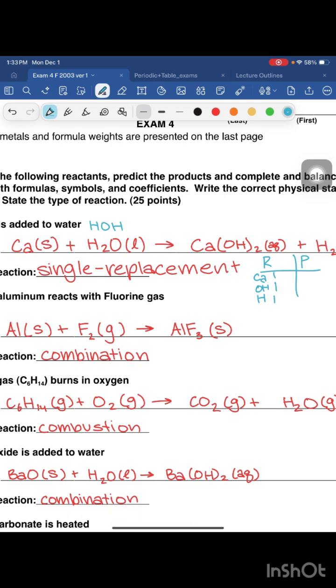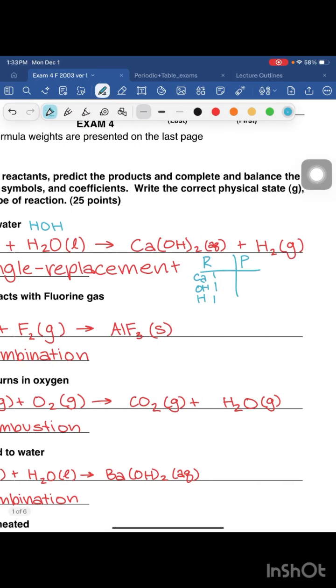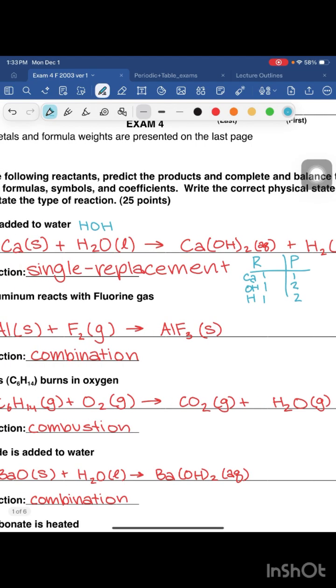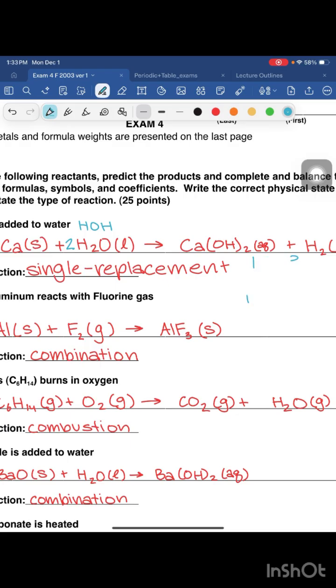And H, so we have a calcium, 1 hydroxide, and 1 H. And on this side, we have 1 calcium, 2 hydroxides, and 2 H's. So the easiest thing to do is just to double the water, which changes this to a 2, and this to a 2, making this one balanced.